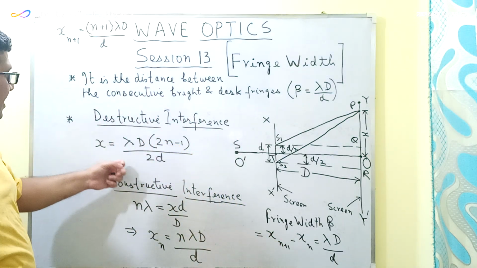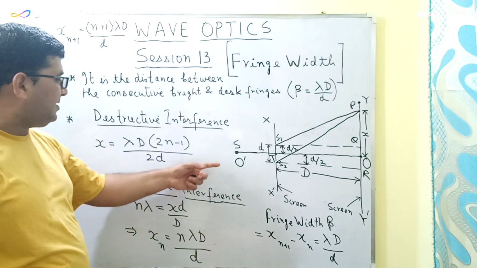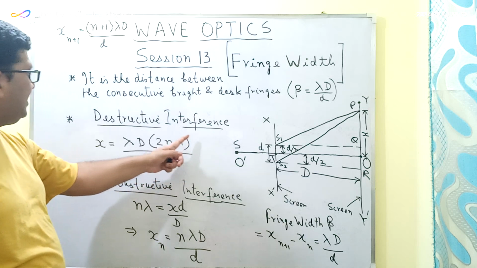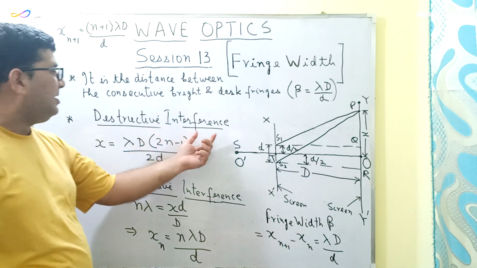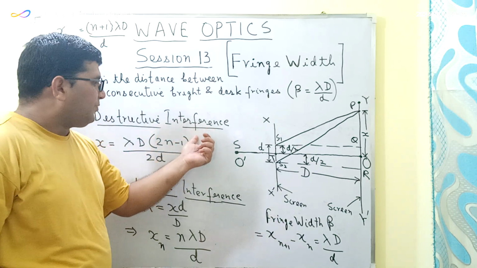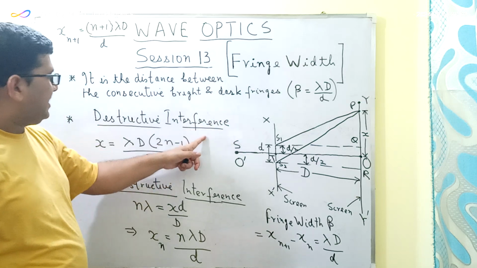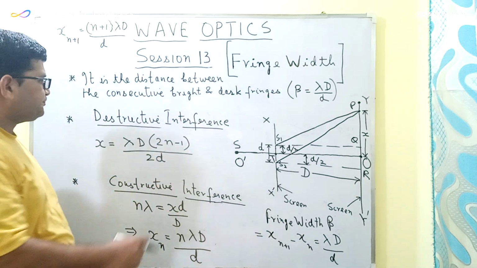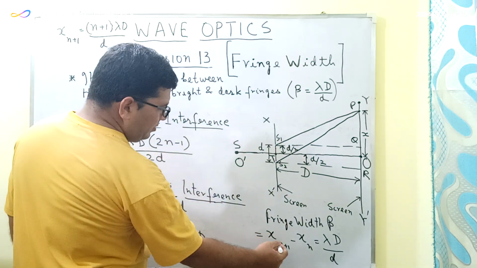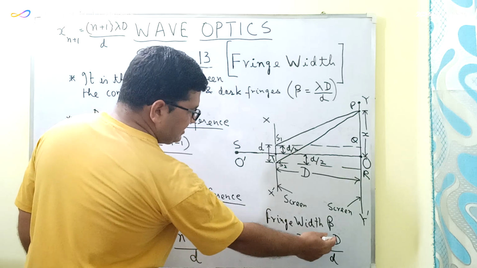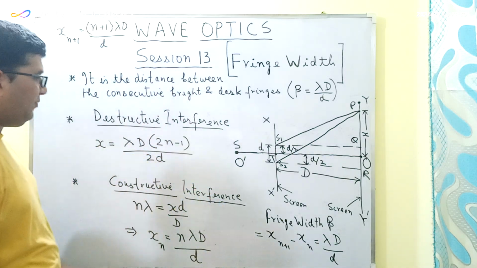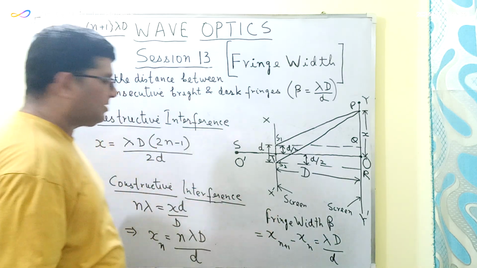Similarly, the fringe width in the case of destructive interference, that is the case of the dark fringe, will again be the same, lambda D upon d.